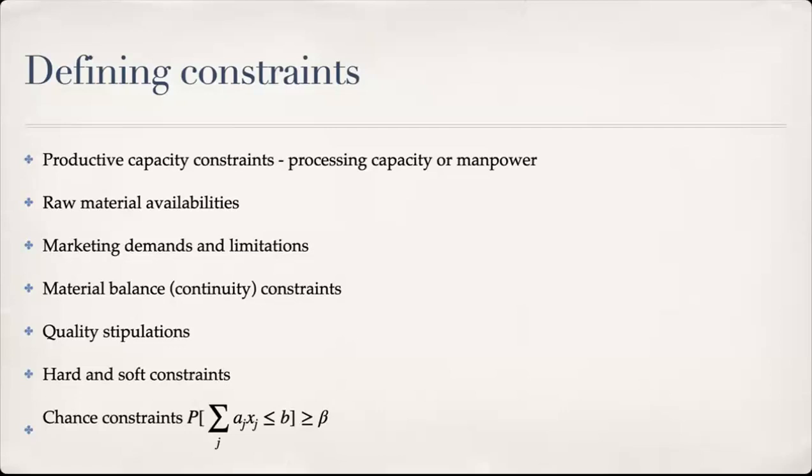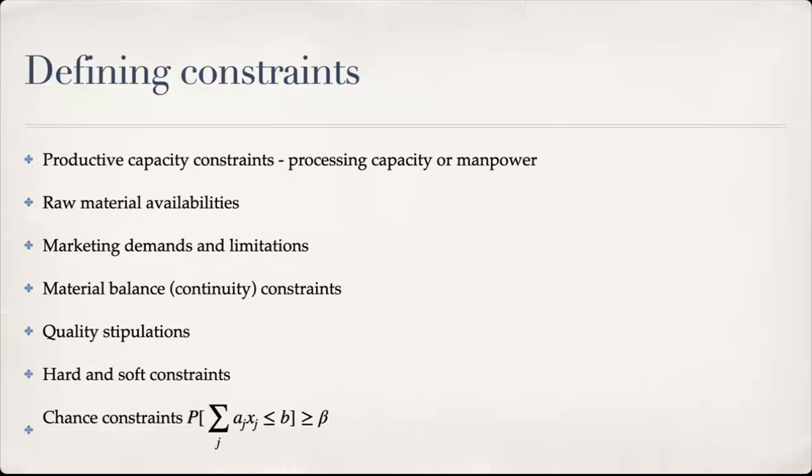Okay, the next one is chance constraint. This one is also interesting, and you see it in stochastic optimization problems. What is P? P stands for probability. The probability that this constraint is satisfied must be greater than a certain value. What does it mean?